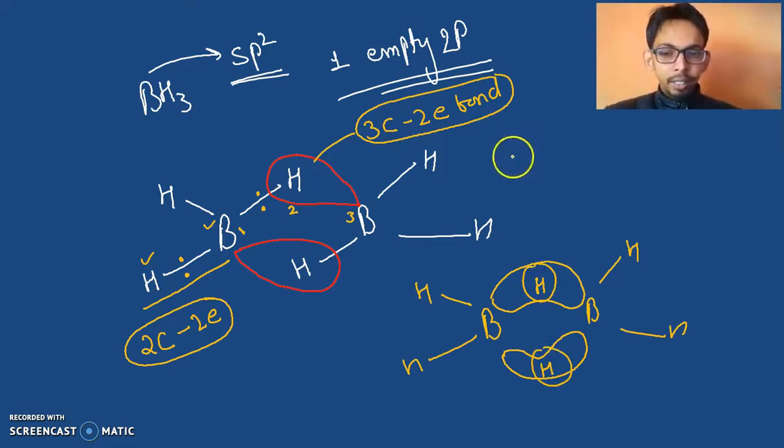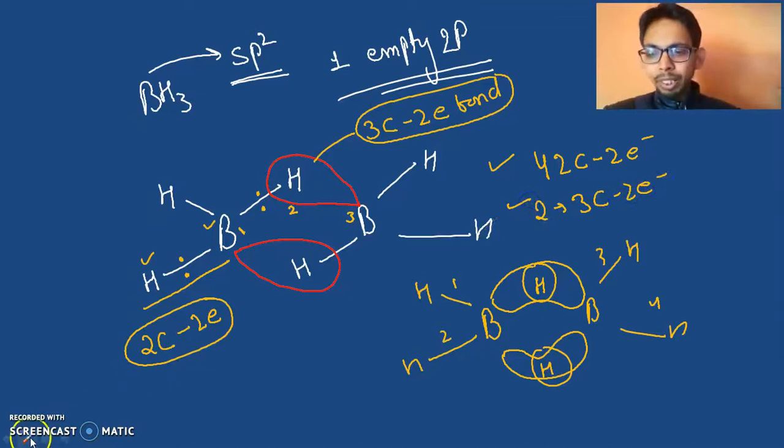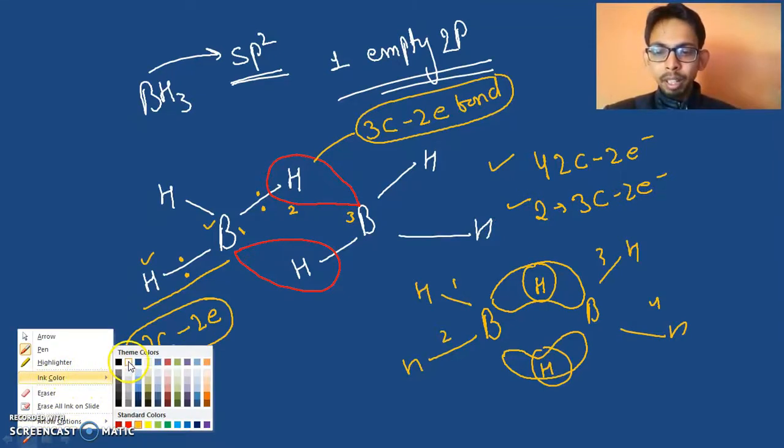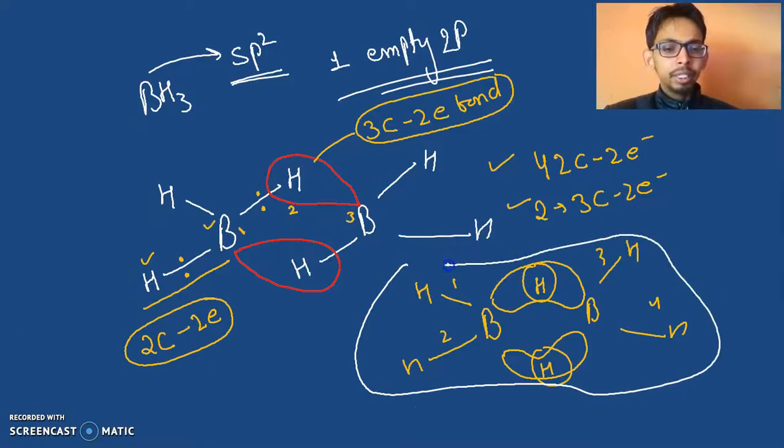So there are, we can say, 4 2-centered 2-electron bonds, 1, 2, 3, 4, and 2 3-centered 2-electron bonds.